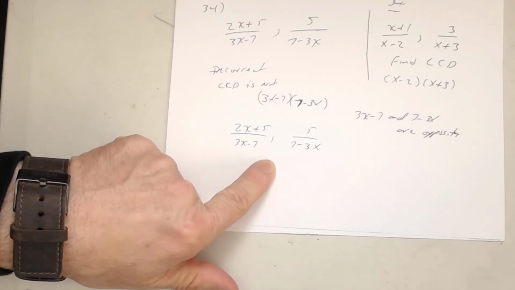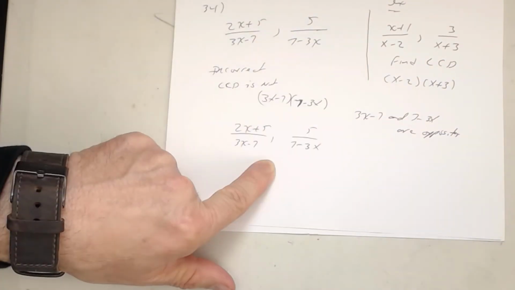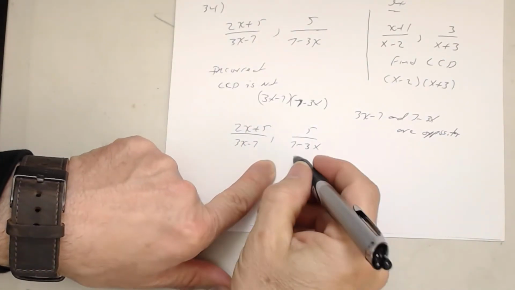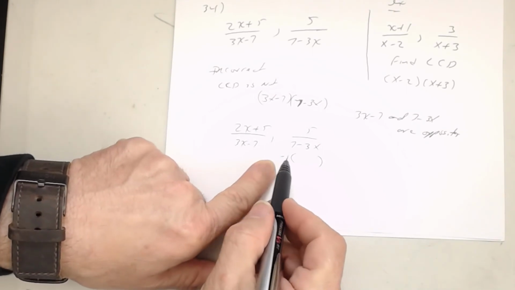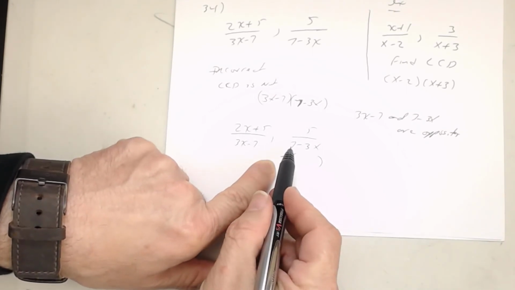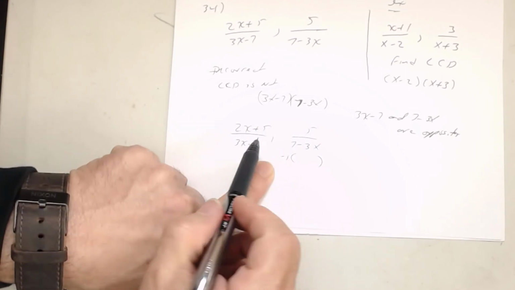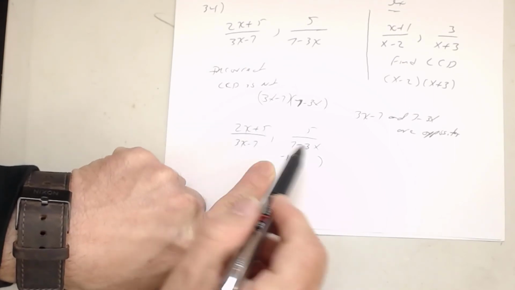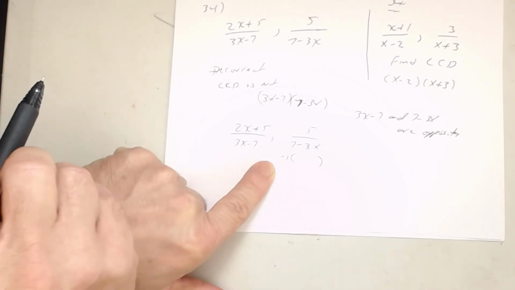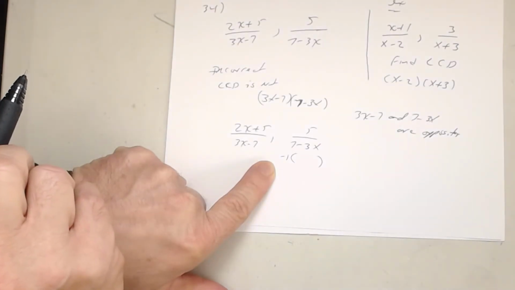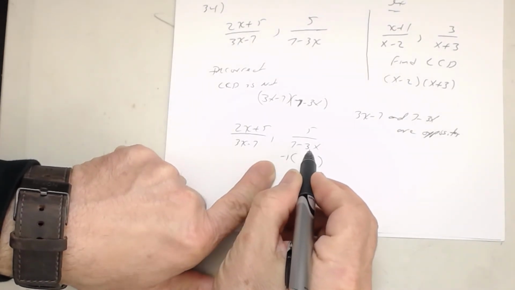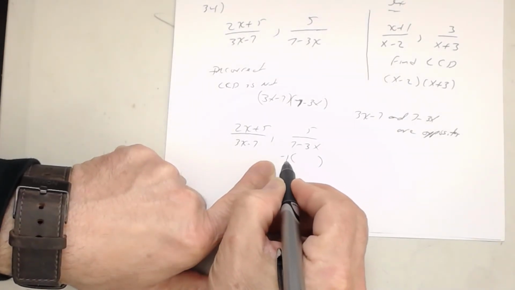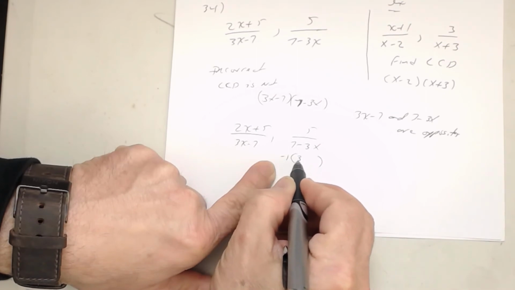That's why you had those kind of problems for situations where you dealt with opposites. If I factor out a -1, -1 times what's a positive 7? -7, which is what you see here, right? -1 times what is a -3x? Positive 3x. So do y'all agree then that 7 minus 3x is the same thing as saying -1 times 3x minus 7?